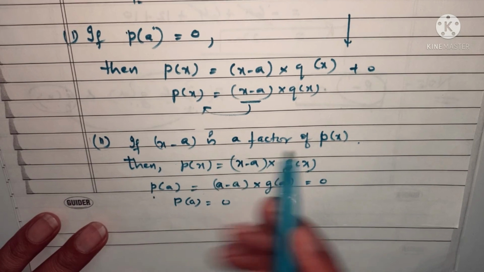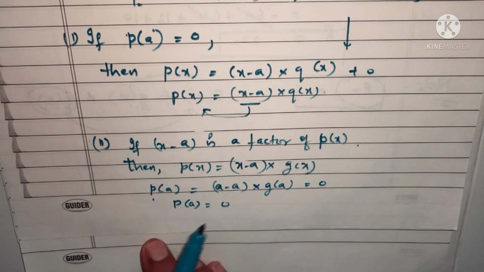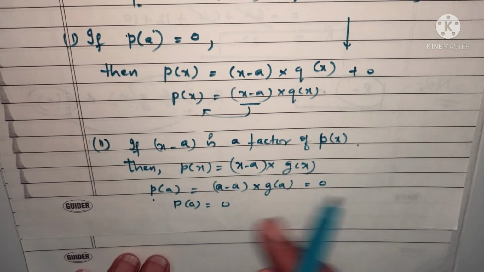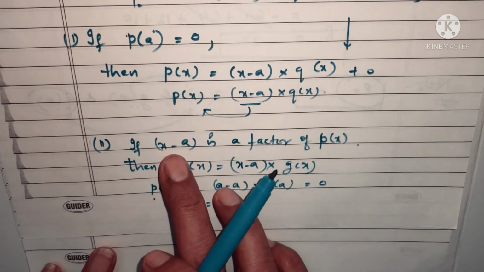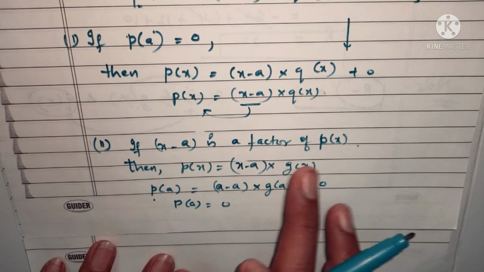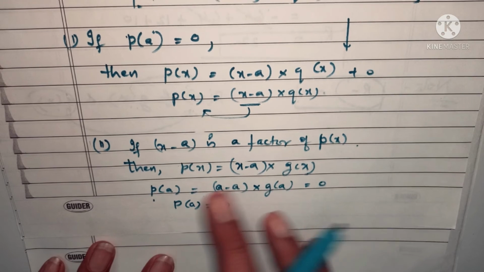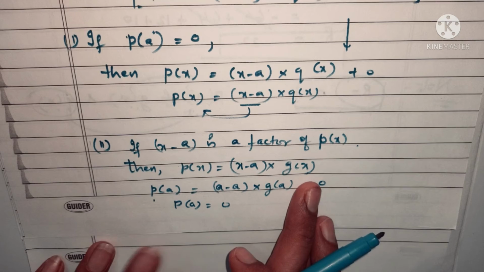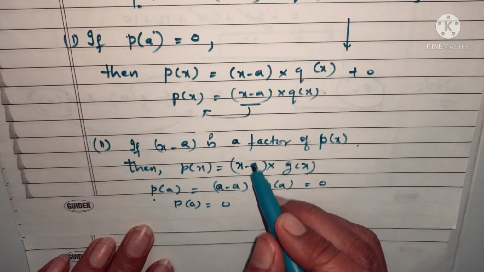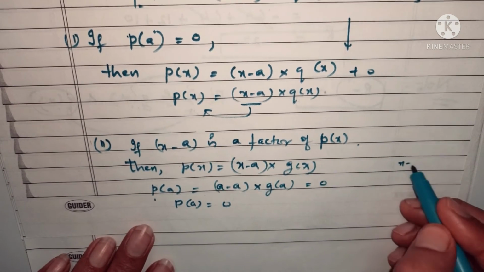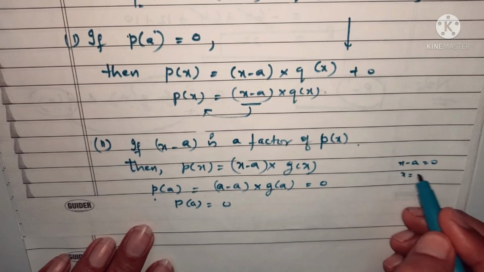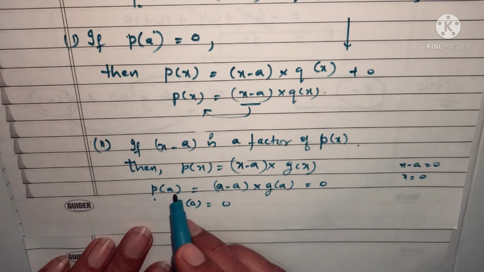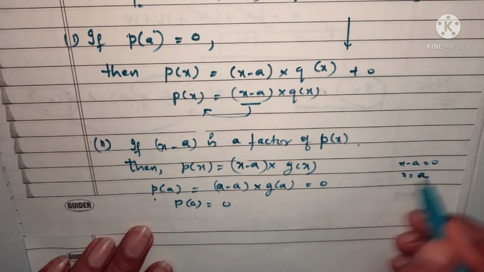If x minus a is a factor of P(x), in such a case you are not given any P(a) here. It is just said that x minus a is a factor of P(x), so P(x) will be equal to (x minus a) into G(x), right? Then if you check with x minus a equal to 0, x equals a.